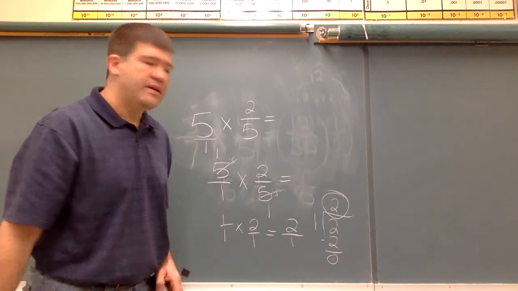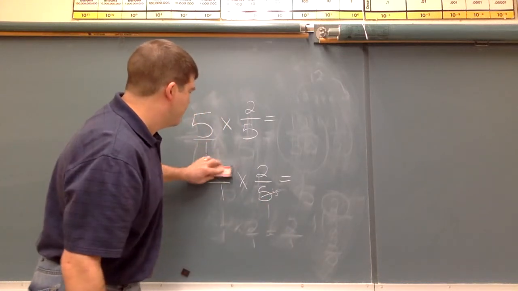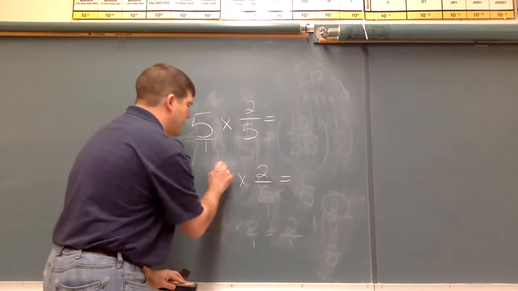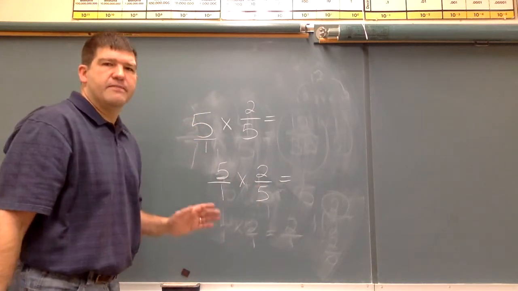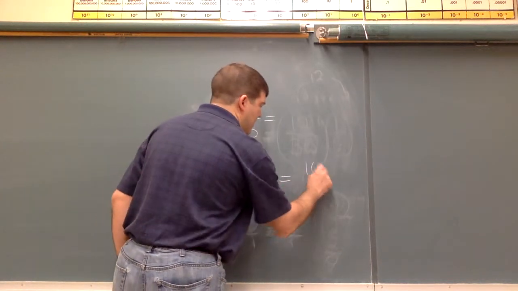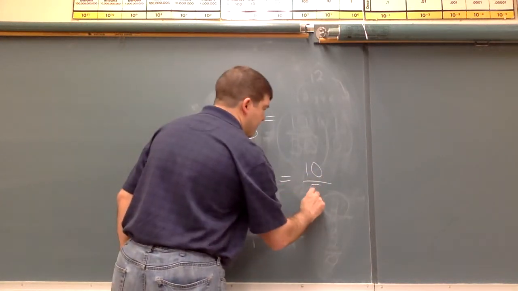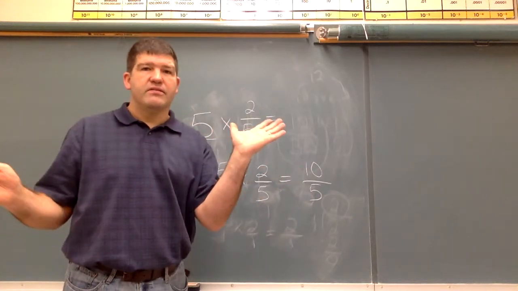All right. Say I didn't do the cross on this one. I just decided I'm going to go right across. I'm not going to cross cancel, I'm going to multiply. 5 times 2 is 10. 1 times 5 is 5. Okay? And here we see the 10 is bigger. So it's going to fall over.